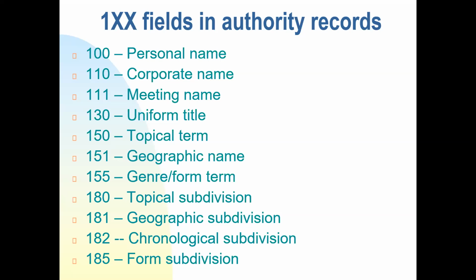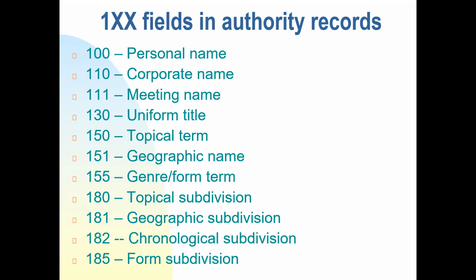A 111 is a meeting name. Just off of the top of my head, the Olympics comes to mind as a meeting name. A uniform title, the one I mentioned earlier, was the Bible, so it brings together all of the books of the Bible, and that goes in the 130.